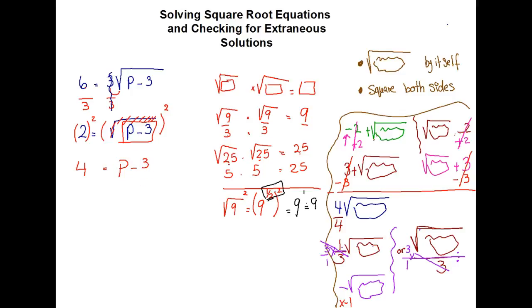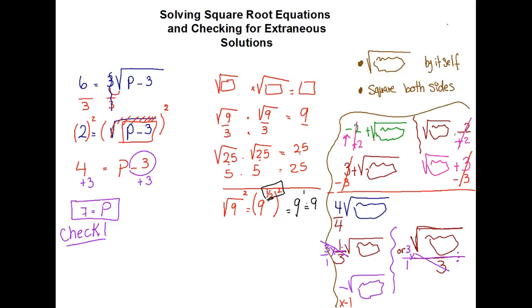Now, I'm trying to solve for p, so I add 3 to both sides. So 7 equals p, or p equals 7. Okay? Now, we have to check for extraneous roots, because even if we graph it with a calculator, the calculator won't show it to you.